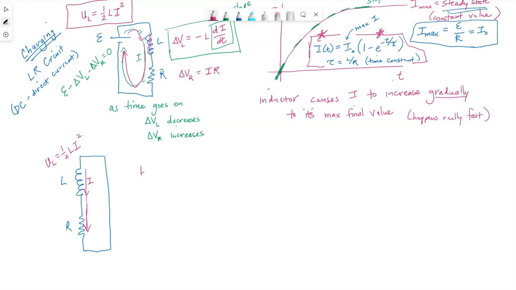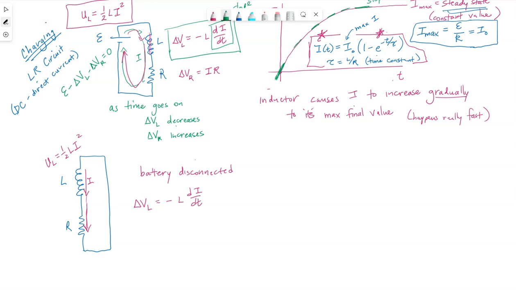When the battery is disconnected, and if we have a path for the current to flow through, the inductor again is going to oppose the change in current. Well, with the battery gone, the current's going to go to zero because there's nothing to keep the charges moving. This inductor is going to oppose the disappearance of the battery.